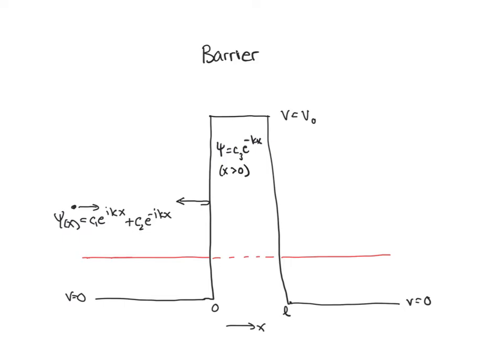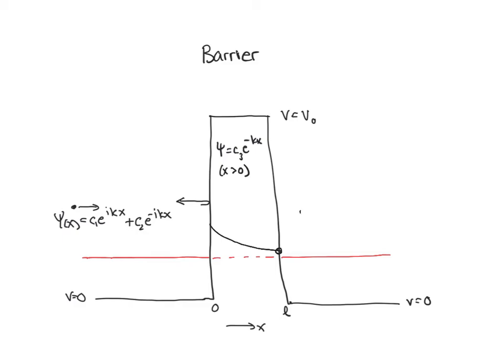If that probability is such that there is still a probability on the other side of the barrier, then I have to match my wave functions at the barrier, which means that there has to be a probability that my particle ends up over on the other side of the barrier.